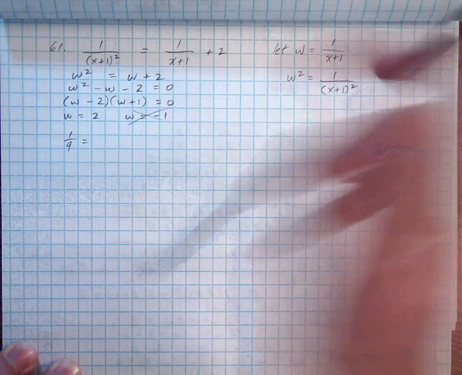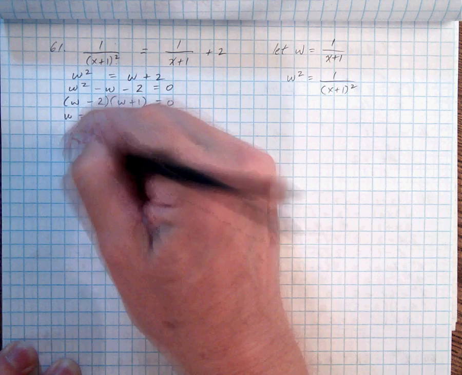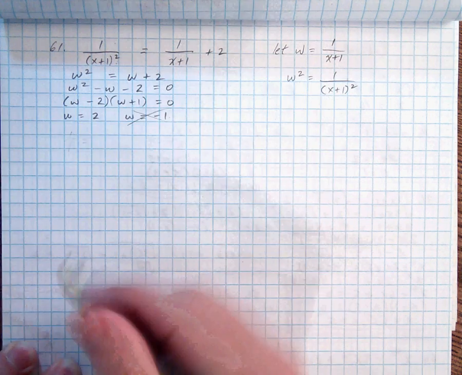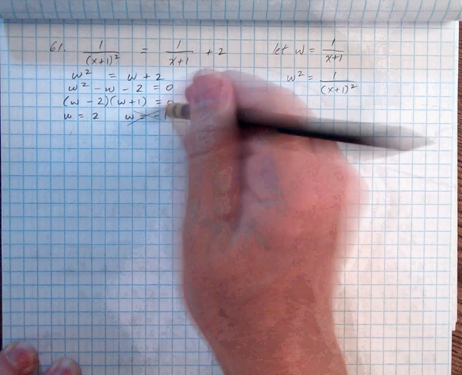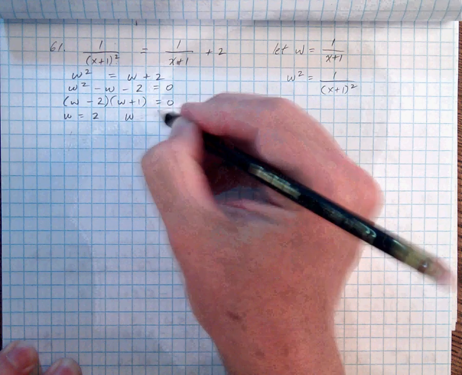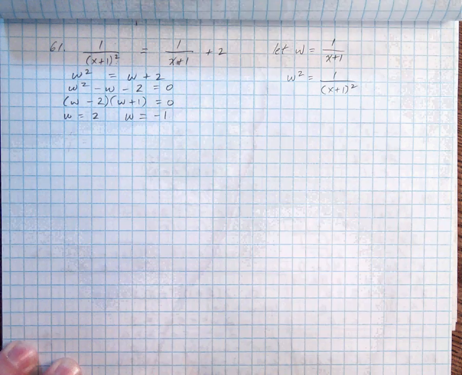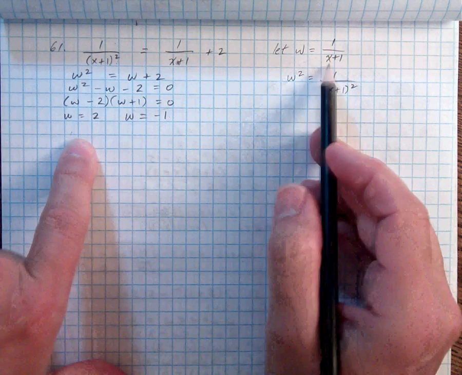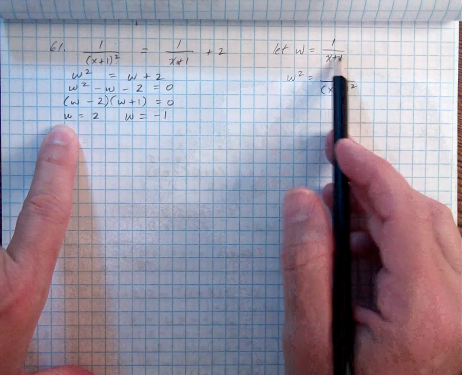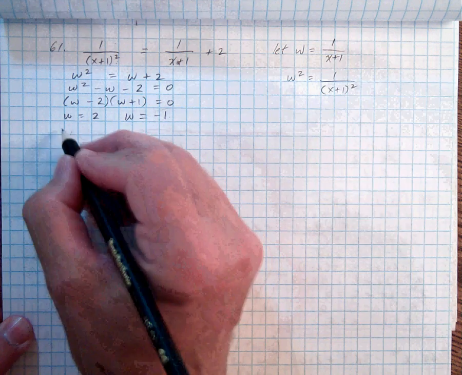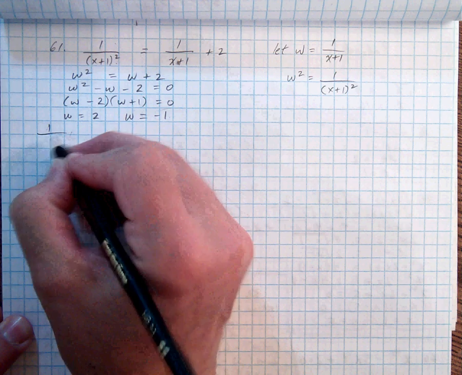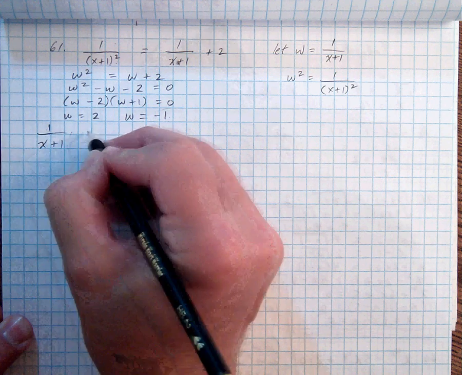Oh wait, I'm not done. I just realized it's not working out. It's because I'm not finished. I've got to solve for x, so let me go back. Okay, so I have to resubstitute, right? Remember, w equaled 1 over x plus 1, so I need to replace w with 1 over x plus 1 is 2.